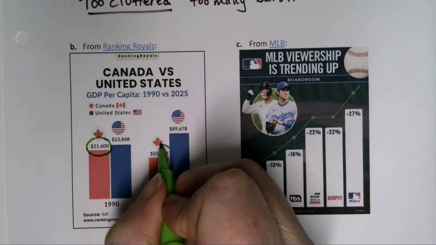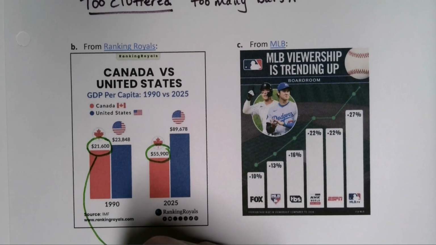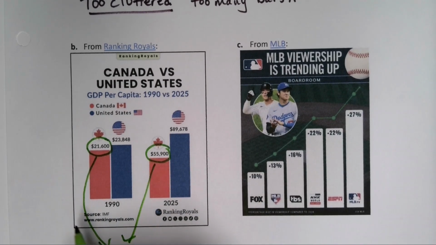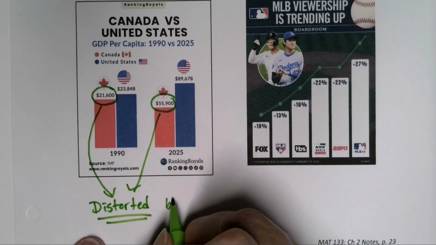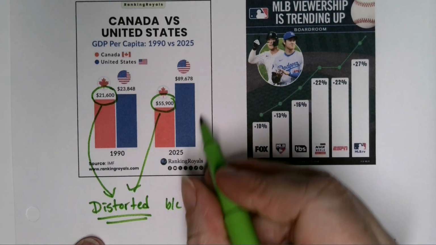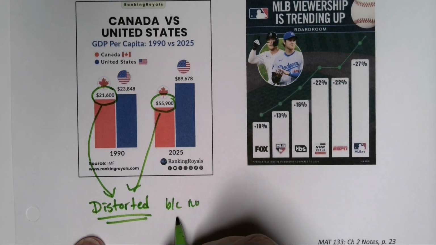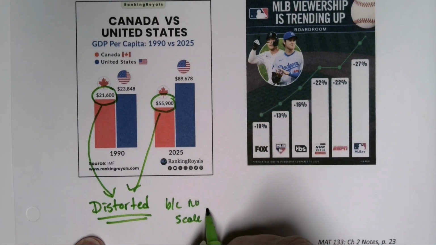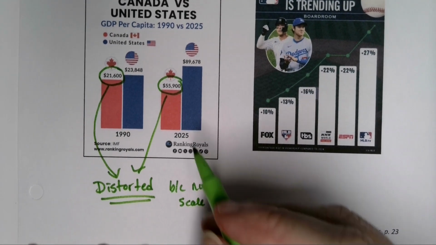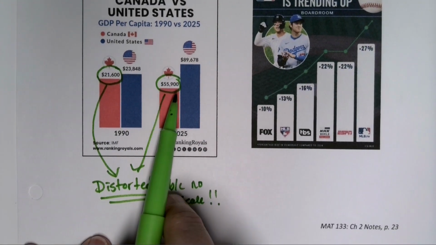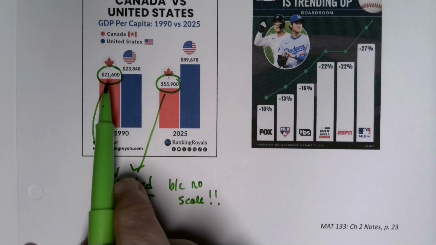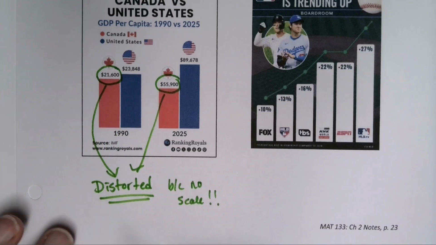This number and this number, there's no way that is not distorted. That's distortion because there's no scale. There's no horizontal or vertical axes over here. So they could just do whatever they wanted. I have no earthly idea what they were thinking, but you can't have 55,000 be below 21,000. That makes no sense, right?